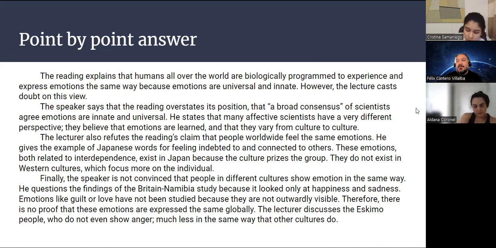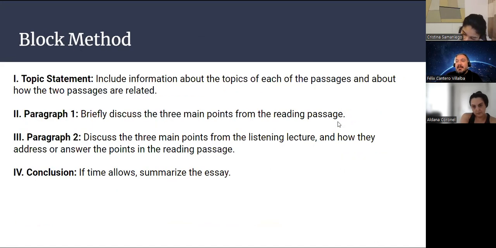the information came from. So this is the point-by-point answer. This is the outline of the block method. The block method, the topic statement is exactly the same as the first, with information about the topics and how they are related.